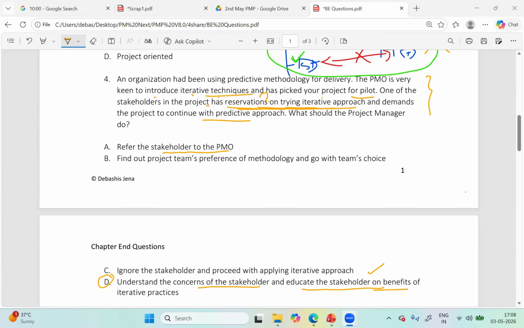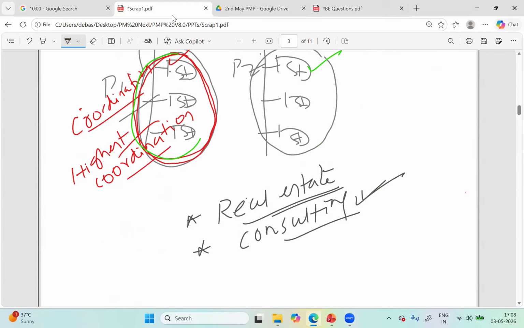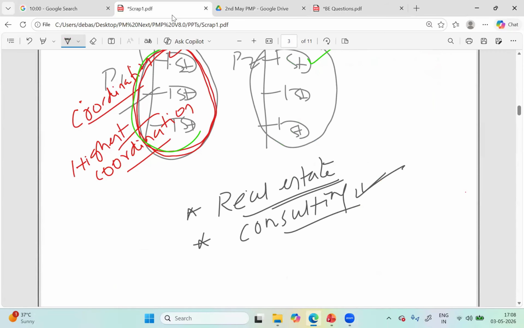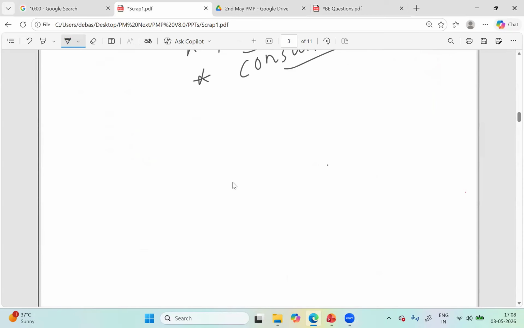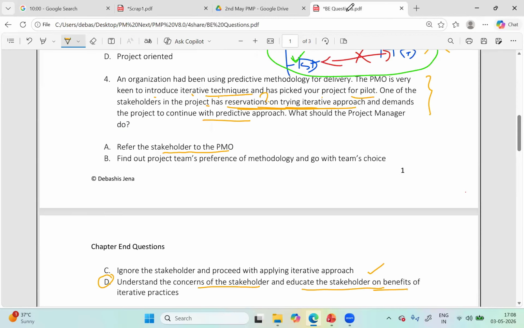Absolutely. So, ladies and gentlemen, I'll just reiterate. I got the answer. Very nice. There are certain rules for the PMP exam. Let's call them PMIsms. So we'll have to learn this. These rules would immensely help us in the exam. Like there are certain do's and don'ts. So one of the don'ts in the exam is, please remember, every challenge, issue, problem that occurs in the project is my responsibility as a project manager.